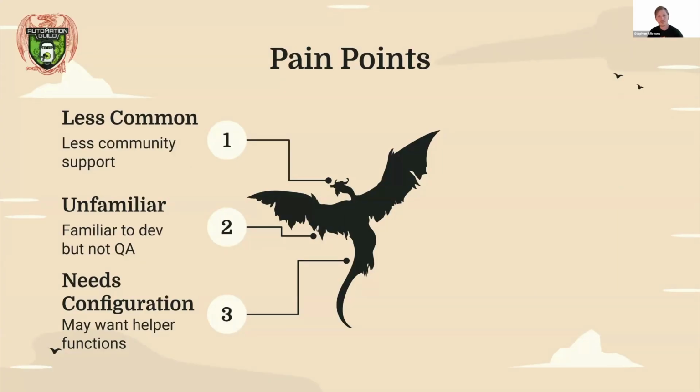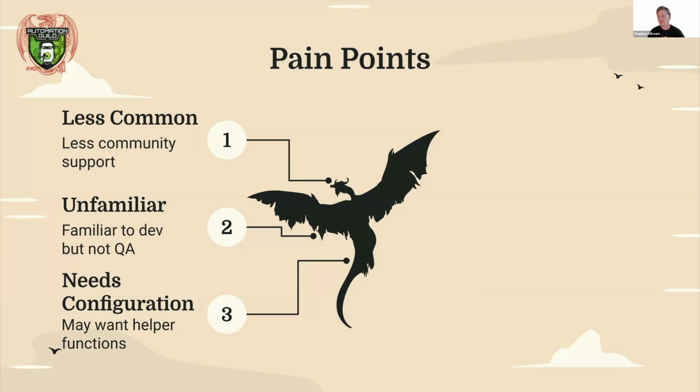The pain points of doing it with Jest and Axios are, one, testing using this combo is less common, so you're not going to see as much support if you go on Stack Overflow or whatever if you have problems specifically with your test. You do have a lot of support, because Jest and Axios are both very common. If you have specific issues with either of those, you do have support.